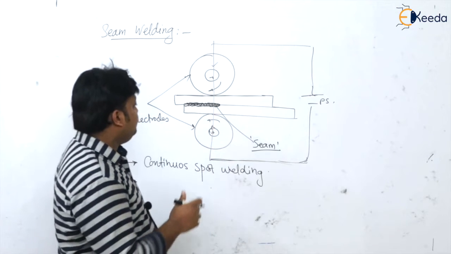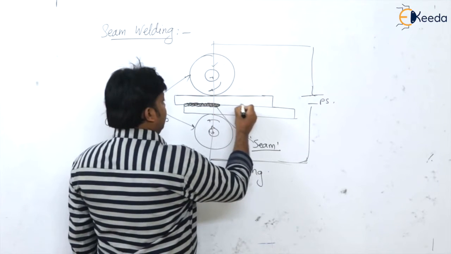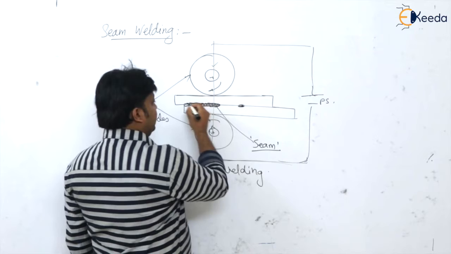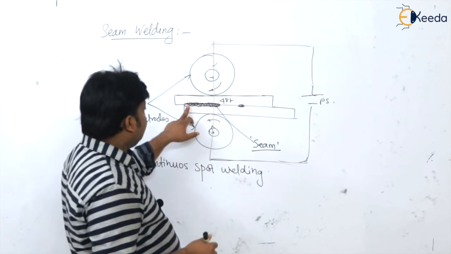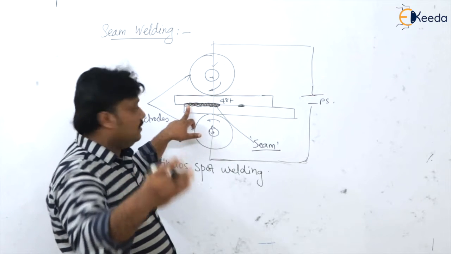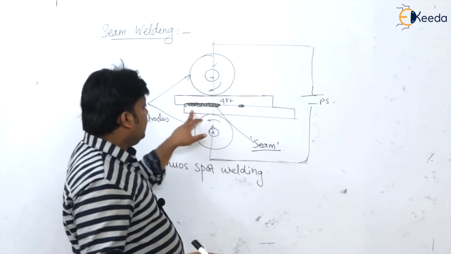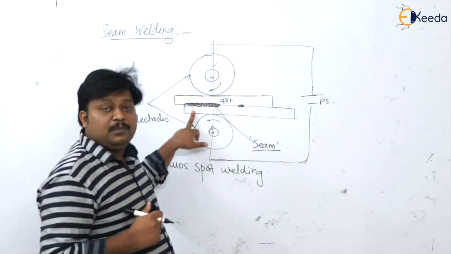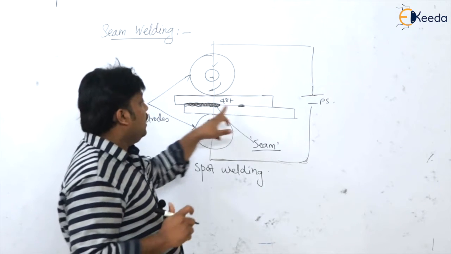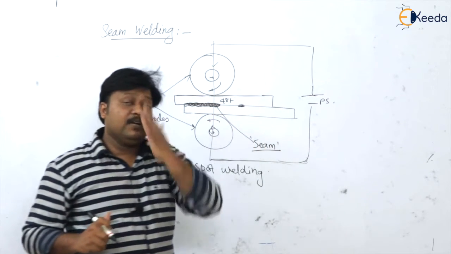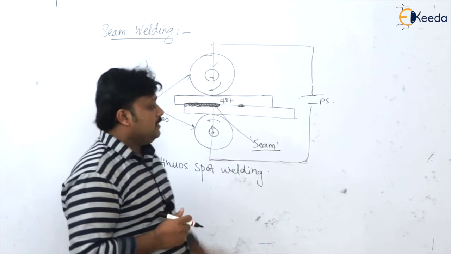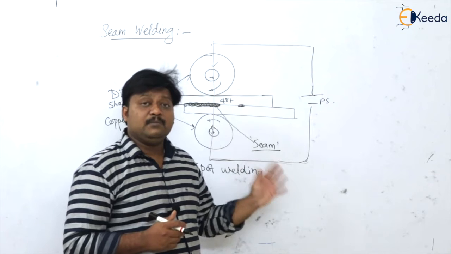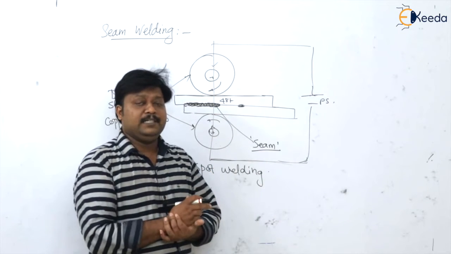After I reach 48 times the thickness length, the starting point is far from this point, the shunting of electricity is already removed, and now you can have the required amount of current. In that way the shunting of electricity is eliminated in seam welding.